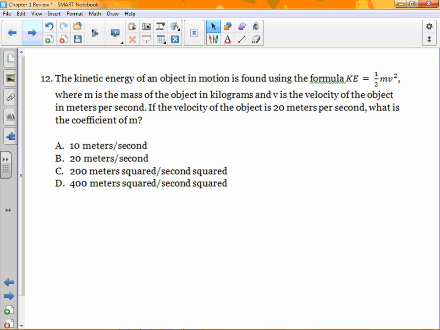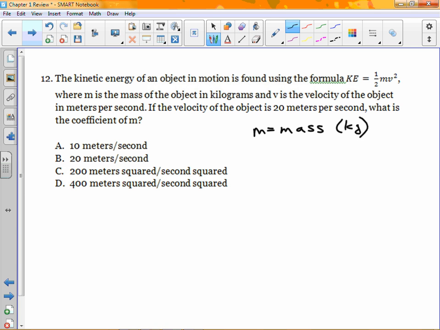Where m is mass in kilograms, and v is the velocity in meters per second. If the velocity of the object is 20 meters per second, what is the coefficient of m?